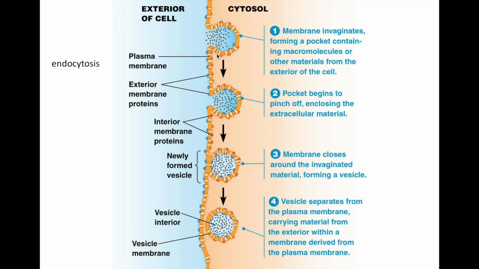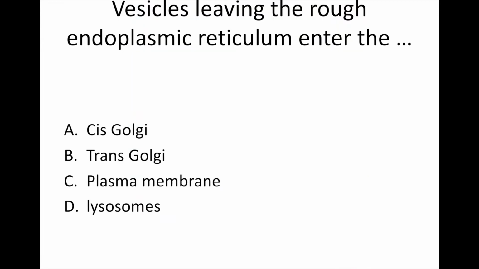That's called receptor-mediated endocytosis. But nonetheless, a vesicle forms by invaginating part of the membrane and then eventually pinching it off. There's a protein here that is involved in cutting off that last little bit of the membrane. It's called dynamin. And then the vesicle becomes free of the membrane and free to travel to the interior of the cell. So it can go in either direction, exocytosis or endocytosis.